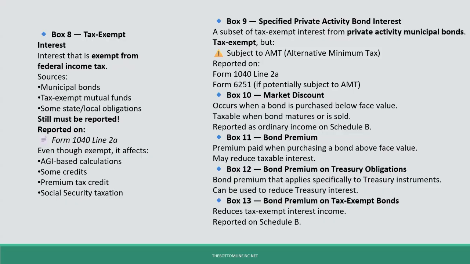So it's tax-free, but if you're looking at other credits, you have to calculate that back into your AGI. Private activity municipal bonds are for the most part tax exempt. But if you have a high income earner, they're going to be subject to the alternative minimum tax.